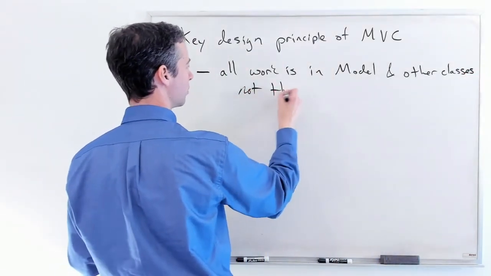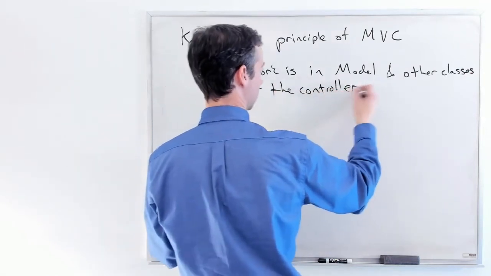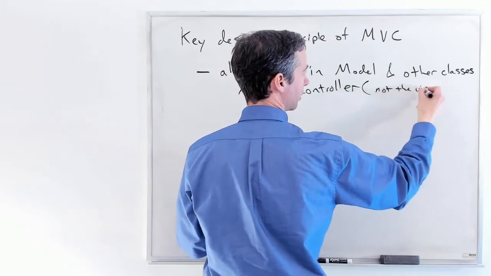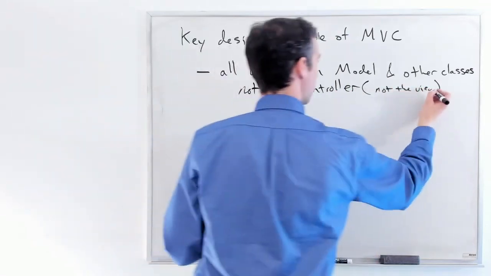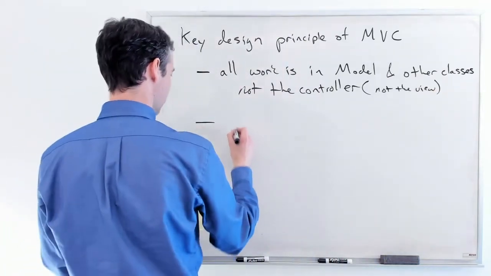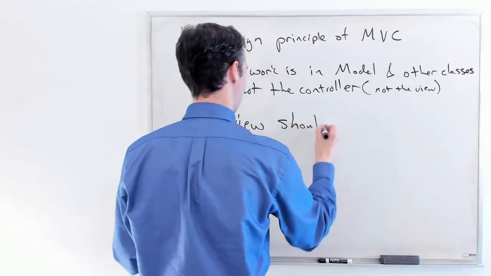Not the controller. And certainly not the view. But to make this point about the view, we'll go with the next point, which is the view should have minimal logic in it.